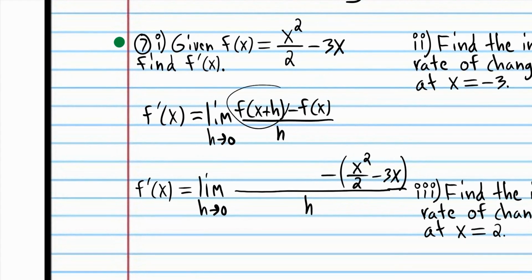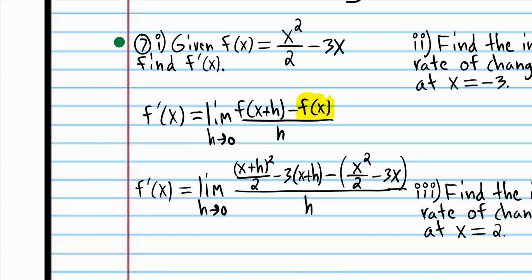So now f of x plus h, that's the part where students typically have some trouble. So we're going to write the same exact formula that we wrote over here, but instead of x, we're going to write x plus h. So there you go.